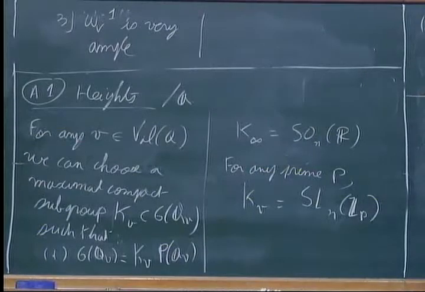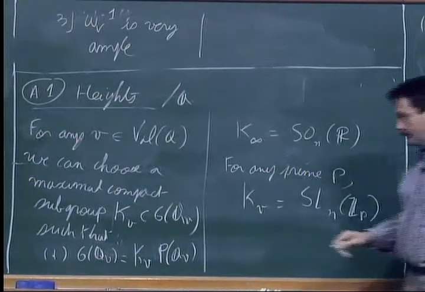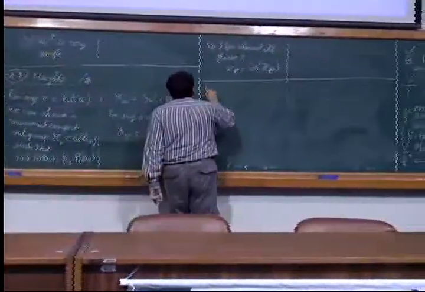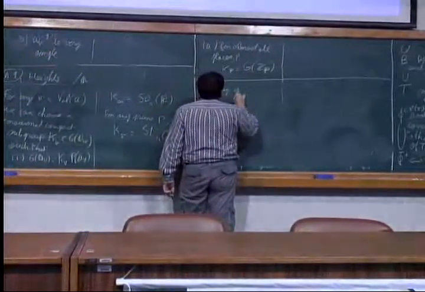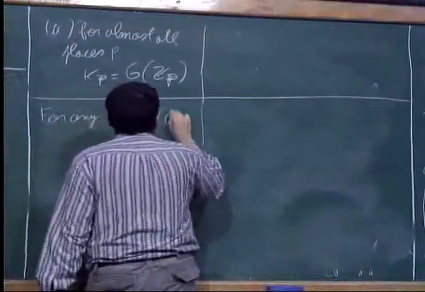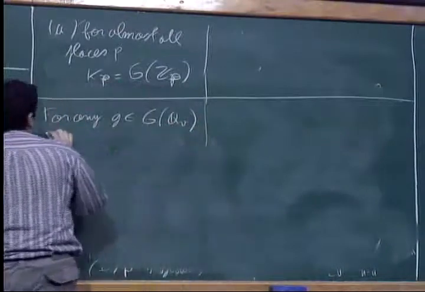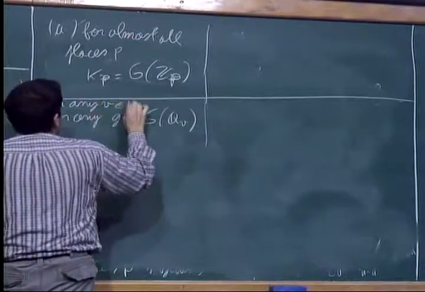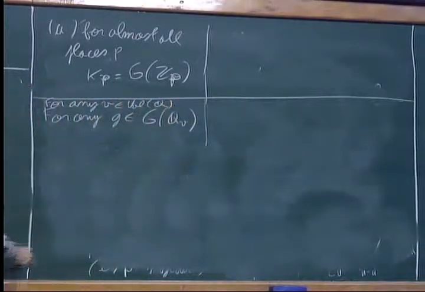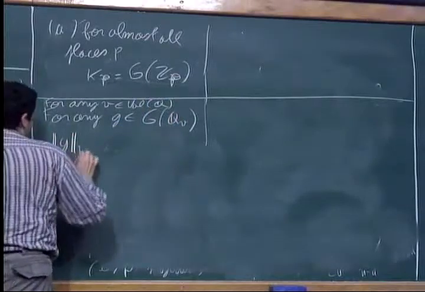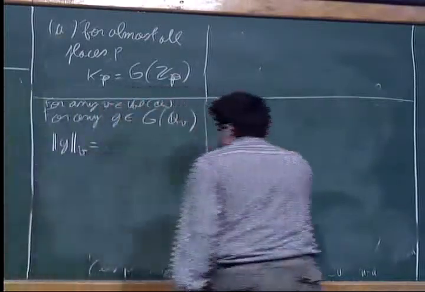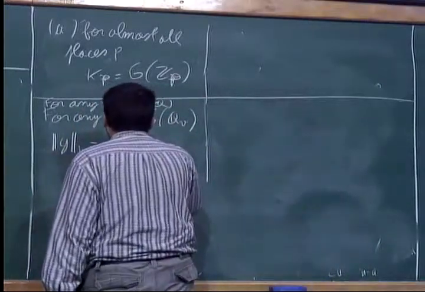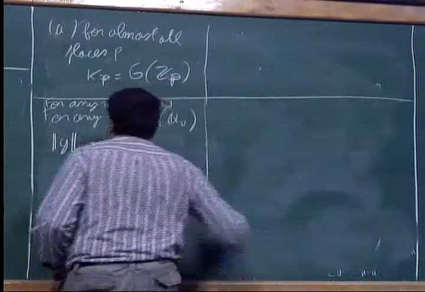So now, once we have these compact subgroups, then for any g in G(Q_v), where v is a place of Q, we may define the norm of g to be, well, the absolute value of chi. Oh, I forgot to fix something. Sorry.